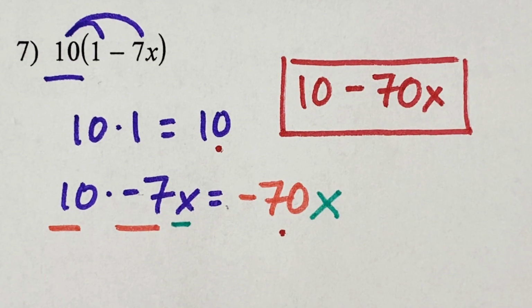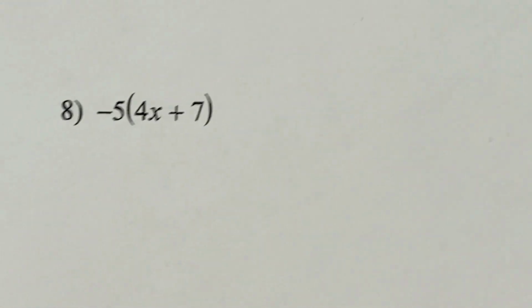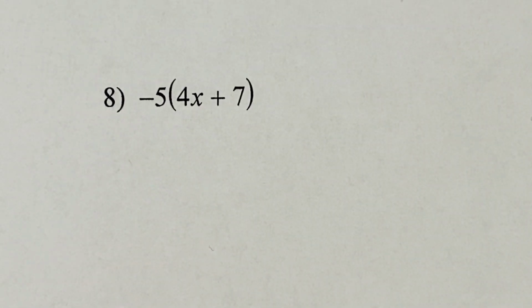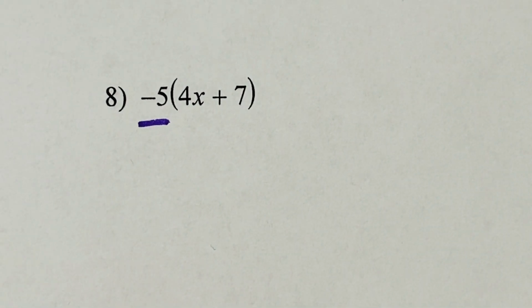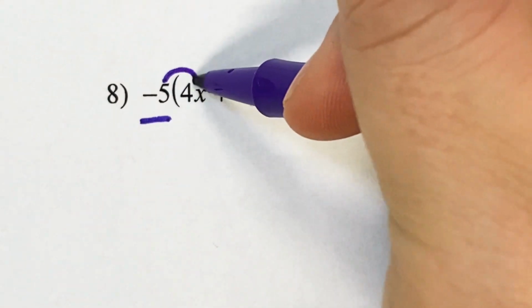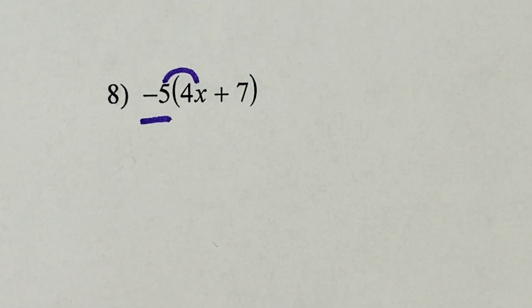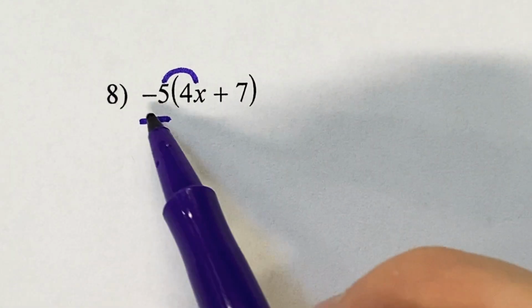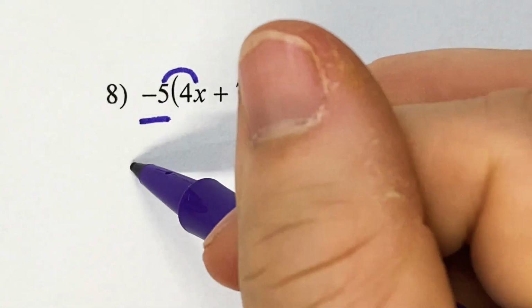Beautiful. Last example for our notes today. What is the number that needs to be distributed, that wants to multiply, right in front of the parentheses? It's this -5. So -5 wants to distribute to both of those guys. Let's take it one step at a time. Let's take -5 times 4x.